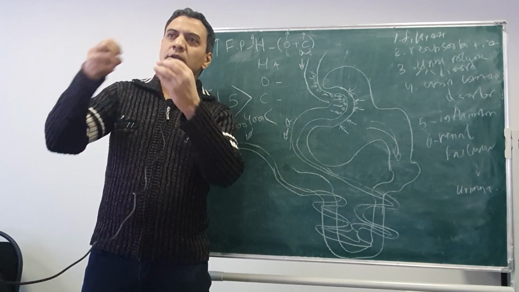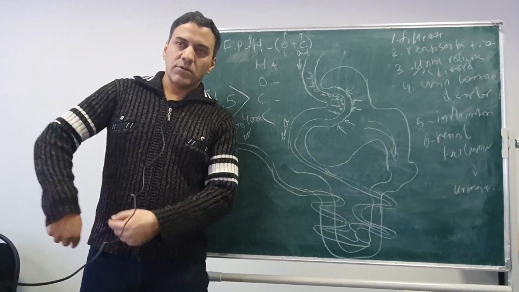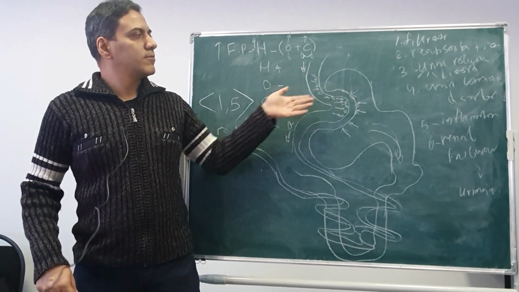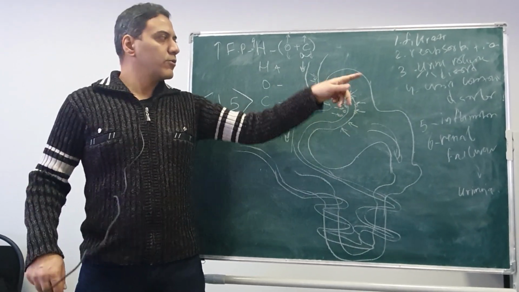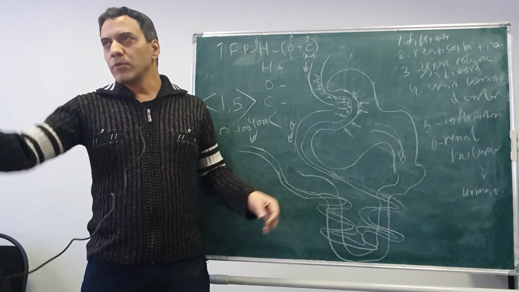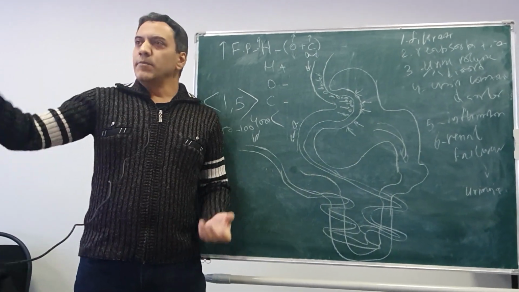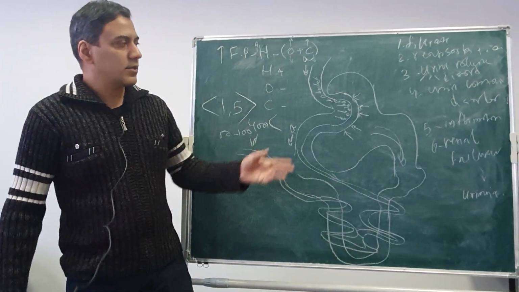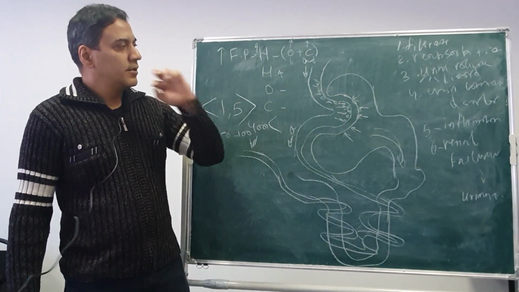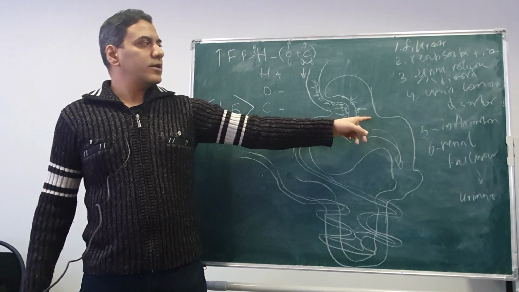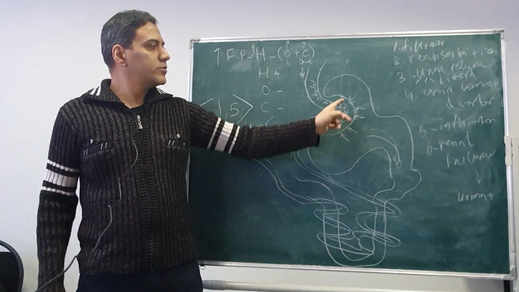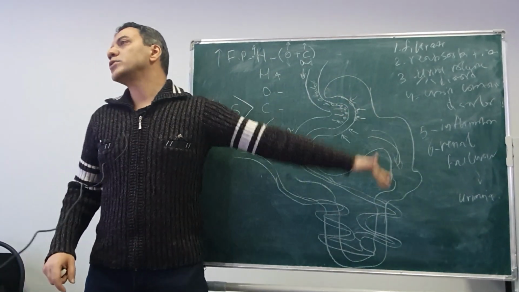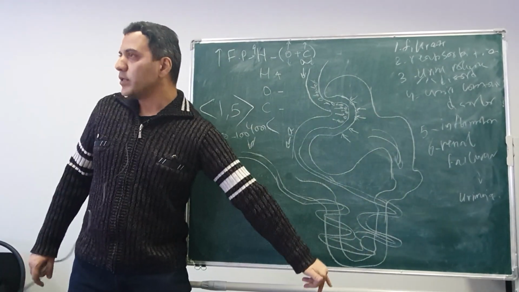Immune complex from the tonsils goes to the kidney and adheres here, and our immune system attacks together with the basal membrane. Glomerulonephritis is an immune allergic or inflammatory allergic reaction, disease. It manifests with hematuria because basal membrane permeability becomes big and then erythrocytes go out with urine. Understood? Hematuria.